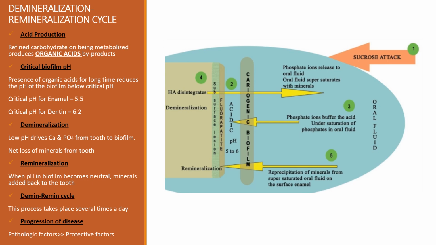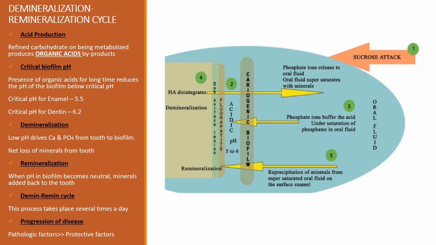Now, these organic acids, when they're present in the biofilm for an extended period of time, lower the pH of the biofilm to below a critical level. And like we discussed earlier, the critical pH for enamel is 5.5 and for dentin is 6.2. So the pH of the biofilm comes down to below the critical level.